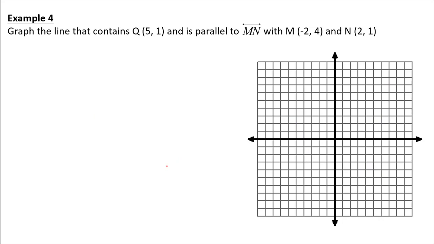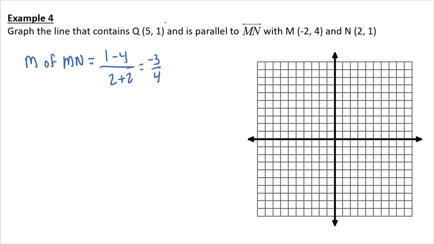Example 4. Graph a line that contains Q, which is 5, 1, that is parallel to MN. That is parallel, so it's the same slope. So let's find our slope of line MN. I have a 1 minus a 4 over a 2 minus a negative 2.